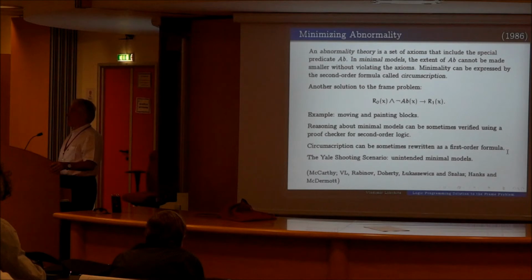A little step because, first of all, these methods were not applicable, unfortunately, to McCarthy's solution to the frame problem. His abnormality theory for that case was much too complicated. And secondly, even after you rewrite circumscription as a first-order formula, automated reasoning in first-order logic is also very difficult, so it was little stuff.